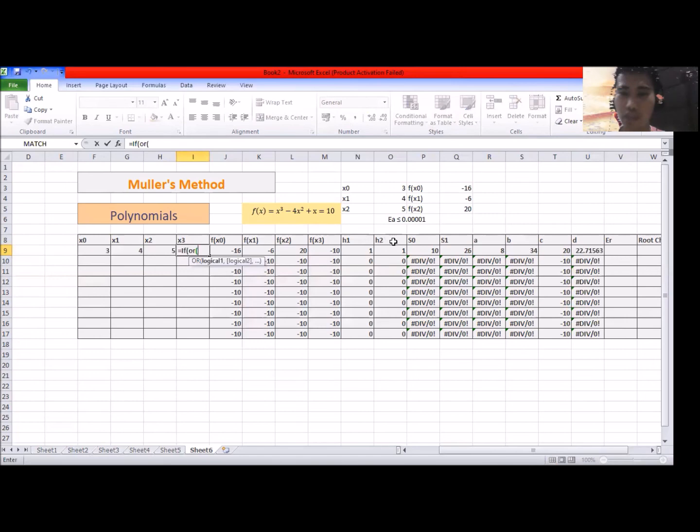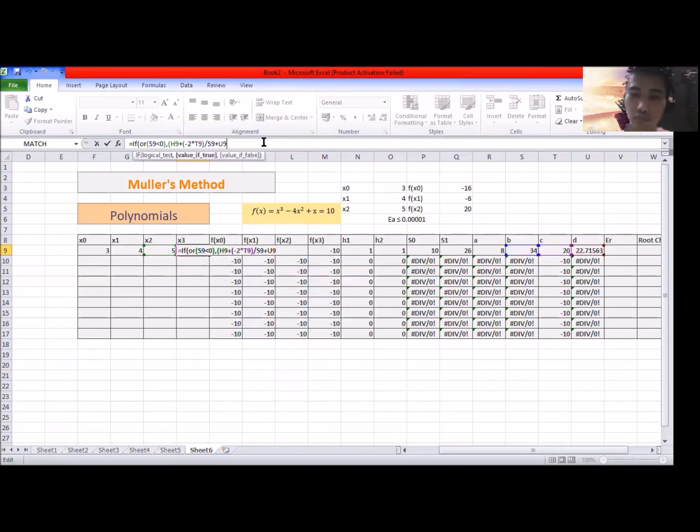Using a logical if, if b is less than zero, then the condition we need is x sub 2 will be added to negative 2 multiplied by c, all over b plus the square root of d.